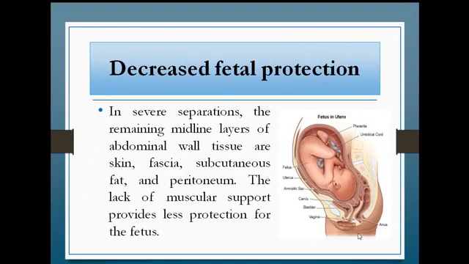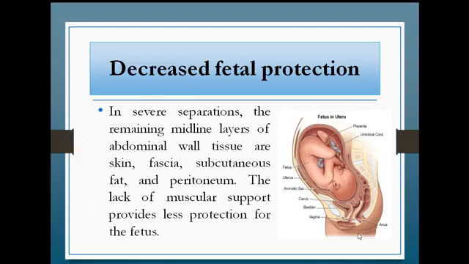There is also one more complication: if diastasis recti abdominis is present, it leads to decreased fetal protection, as it is a layer of muscle which protects the uterus. The uterus is basically a pelvic organ, but in the last of the second and third trimester, it becomes more of an abdominal organ.